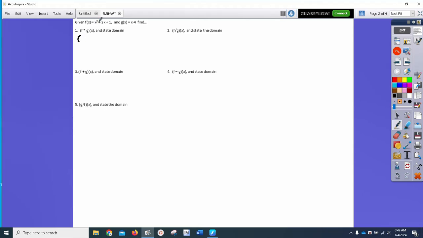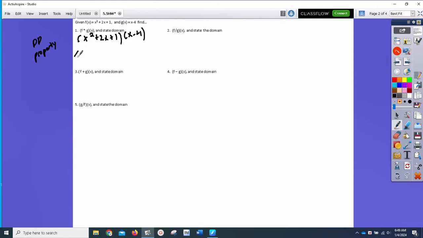We've got f, which is x squared plus 2x plus 1. We're supposed to multiply it by g, which is x minus 4. And we just get to use the double distributive property. So we're going to x all three pieces.